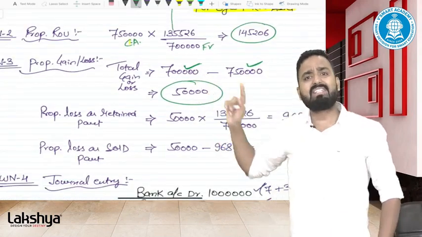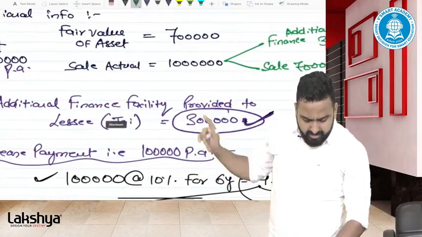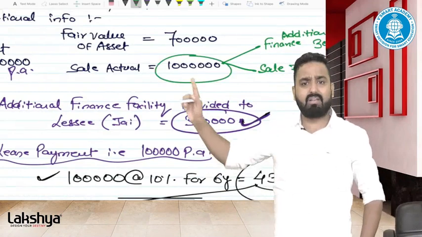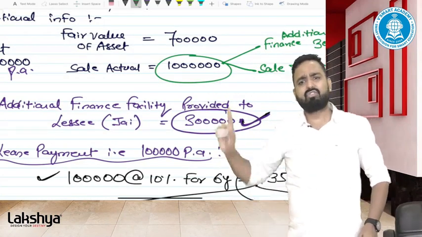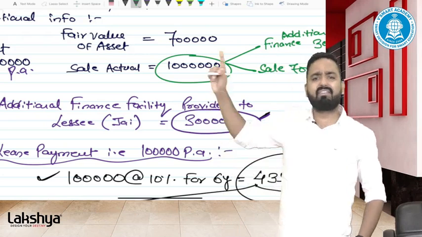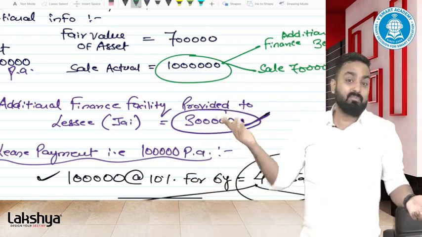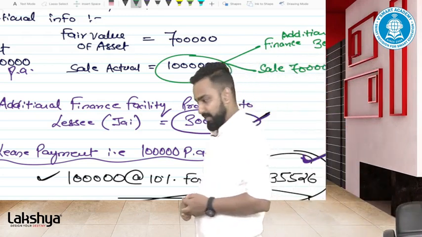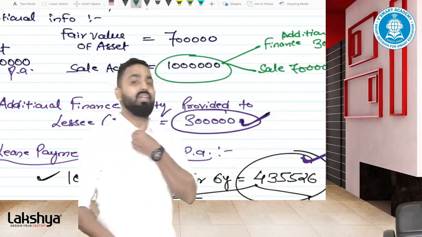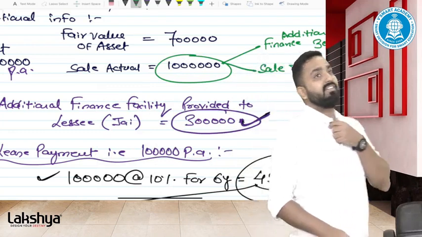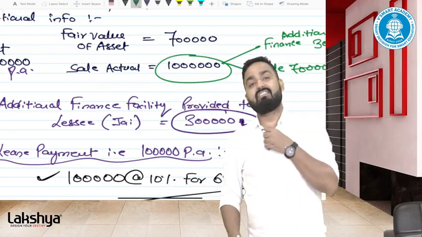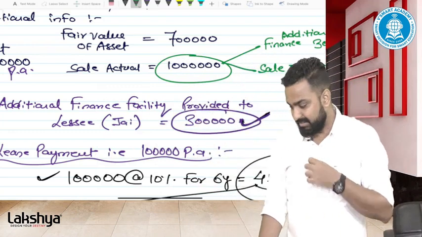Sir, why have we taken 7 lakh? Why not 10 lakh? Because the actual sale was 10 lakh, na. Sir, why have we taken 7 lakh to calculate the gain? Please tell me the logic behind this. The sale is 10 lakh, then why have you taken 7 lakh only?